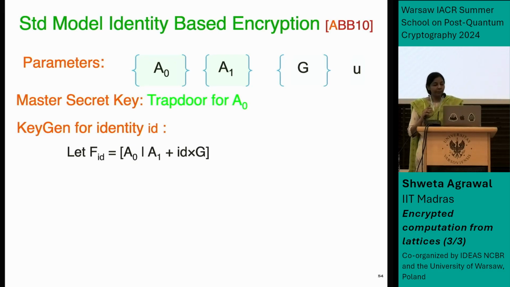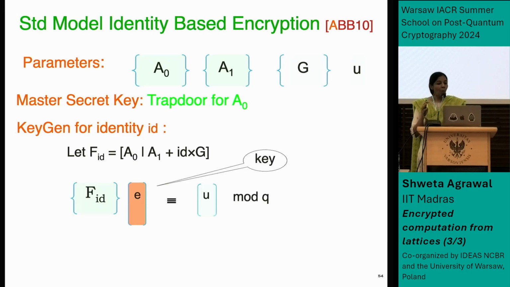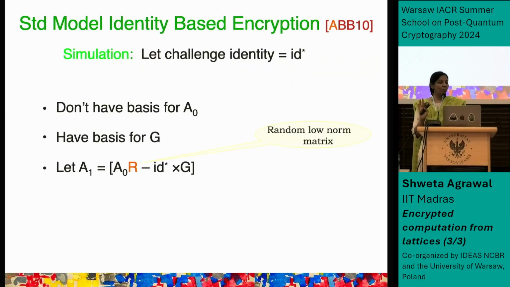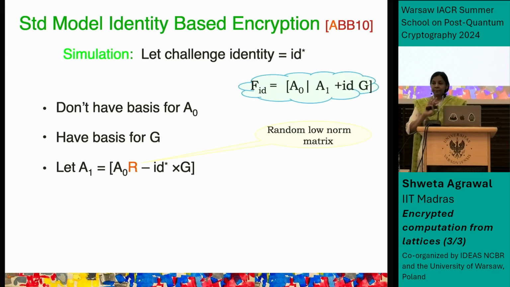Okay? So now, once again, we cannot have a trapdoor for A0. And also, if we had a trapdoor for A1, it wouldn't help us. So what we are doing is choosing A1 in this special way. That's all we did. This is the first step of the proof.